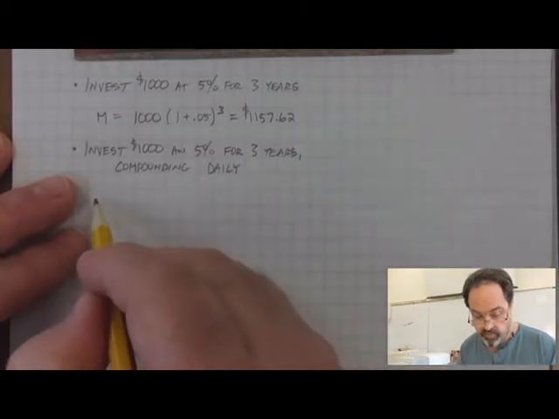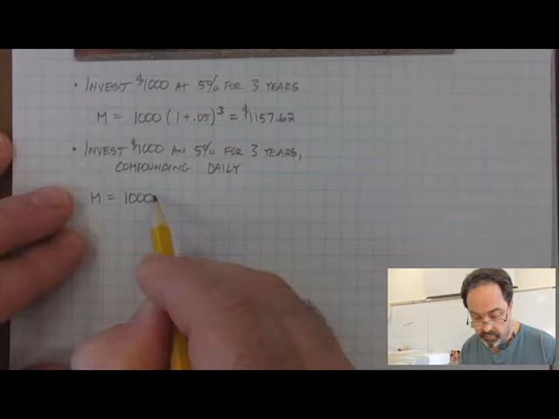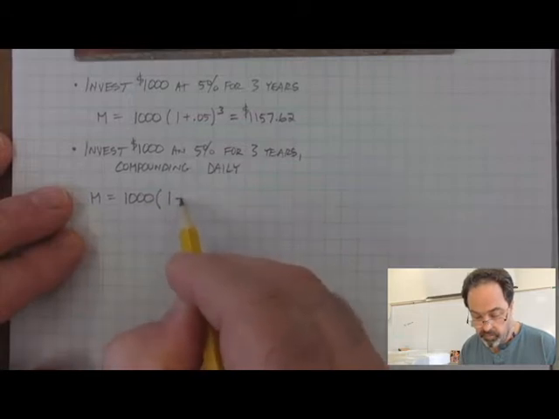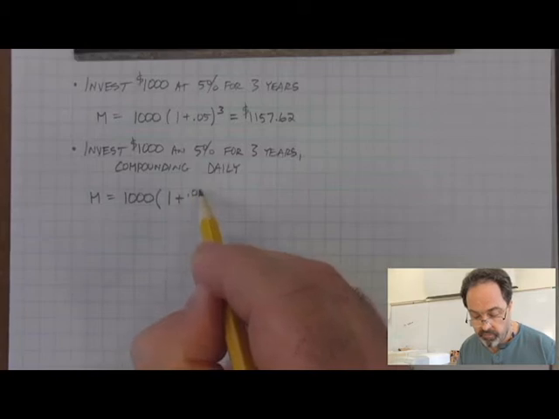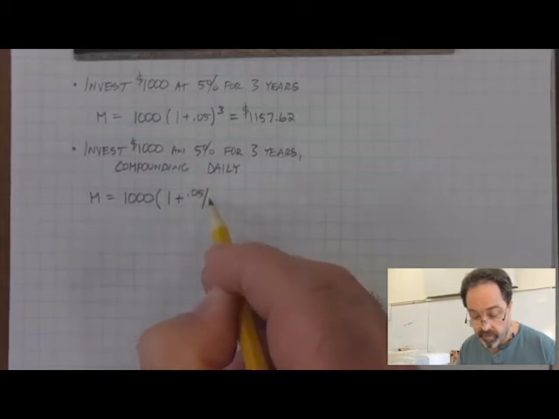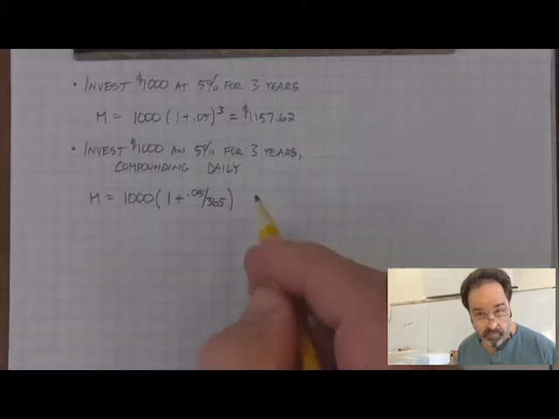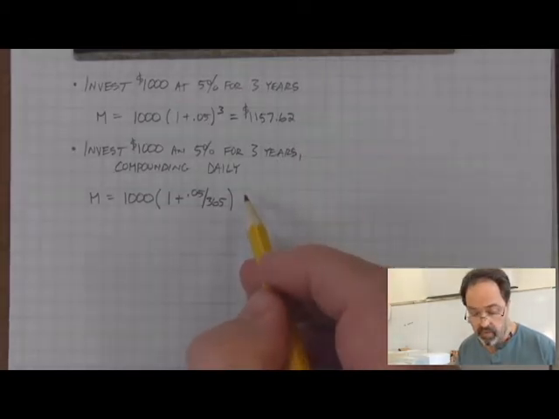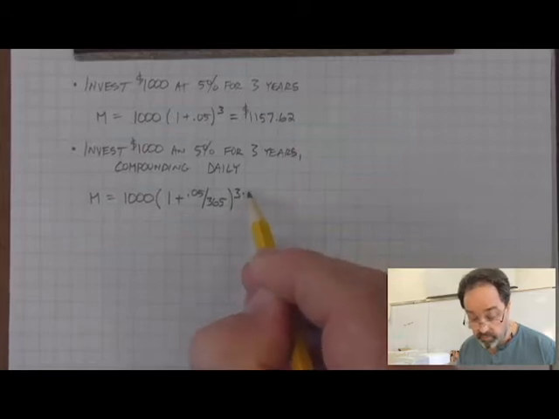And the way that it changes the equation, we still have the $1,000, and we're going to multiply by 1 plus, but what we have to do with the interest rate of 0.05 is we divide it by the number of times we're compounding. In this case, daily means 365 times per year, because that's the amount of days in a year. And then we raise to the time, but we also multiply by the number of times we're going to compound.